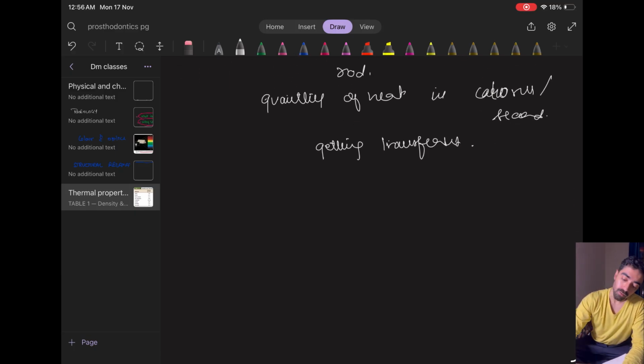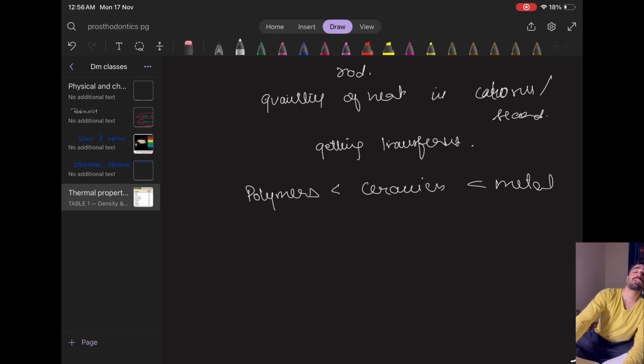It has been observed that thermal conductivity of polymers is less than ceramics, which is less than metals. Obviously, metal will be a good conductor of heat, whereas polymers and ceramics will be poor. Polymers, you can say plastics. So plastics will any day have a very bad thermal conductivity as compared to ceramics. Okay.